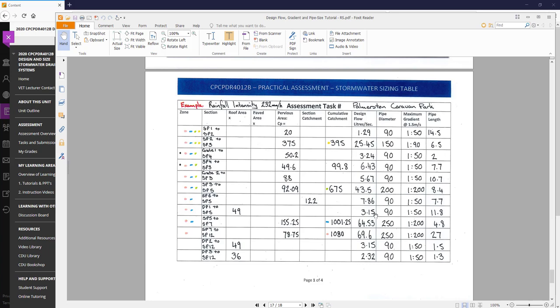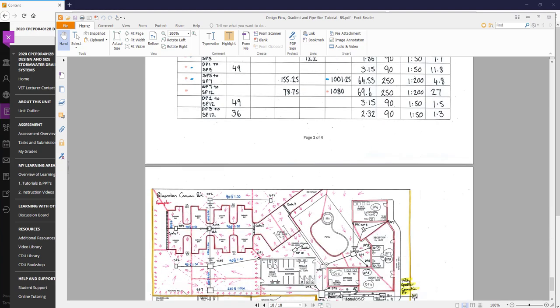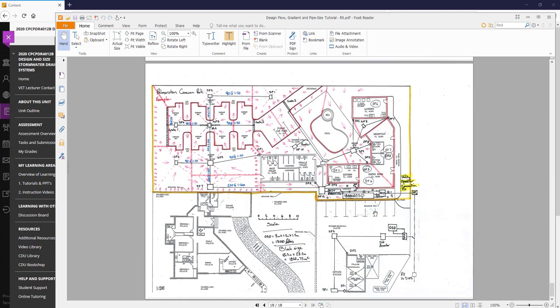So there's mine for my drawing, and there's the final outcome. And you'll see here I've noted on the pipes, that's 90mm pipe, that's section SP1 to SP2 at 1:50. Remember, we can go back to that conversion chart to work out what 1:50 is equivalent to.